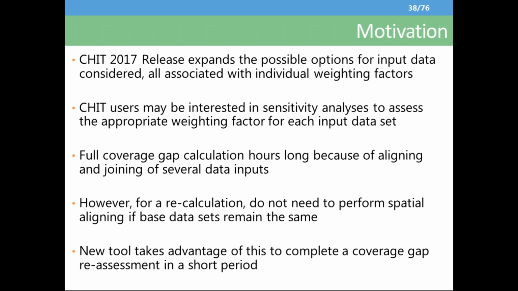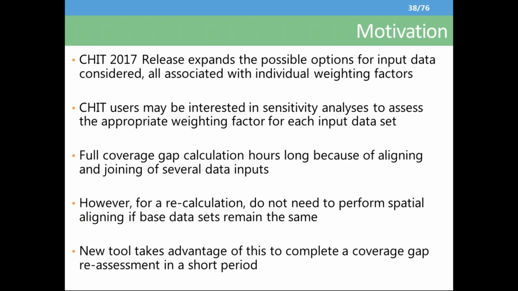The GIS tool has to align them, aggregate them, take averages, compare them, and perform a lot of math. If you haven't yet seen CHIT, the evaluation grid for the state is something like 3.5 million evaluation cells. So you can imagine it takes a while. It actually takes somewhere around 8 hours to perform that calculation.